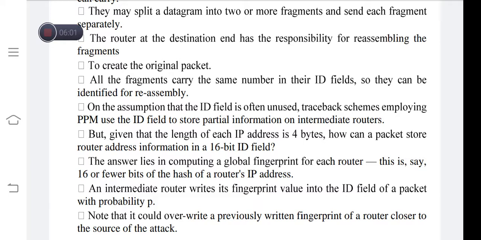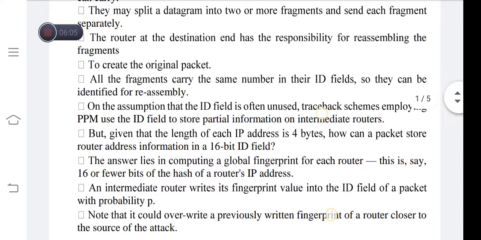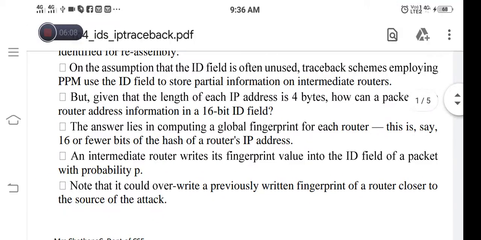The answer is by computing a global fingerprint for each router. Let us say it is 16 or fewer bits of the hash of a router's IP address. The global fingerprint is calculated, which is nothing but the hash of a router's IP address, about 16 or fewer bits.